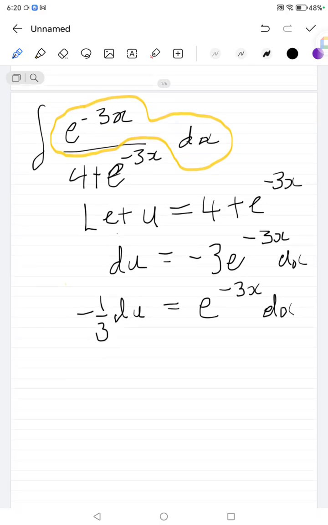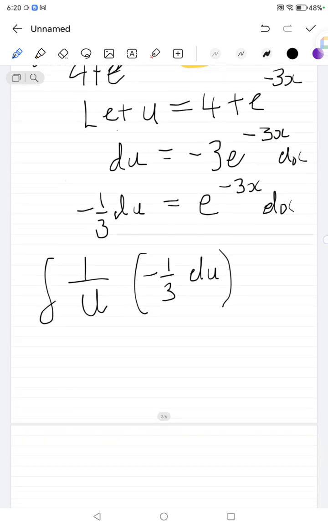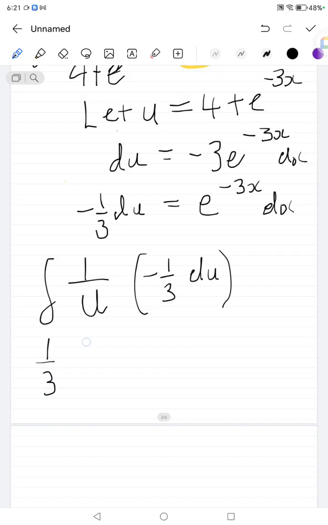It means now we're going to have 1 over u, remember this one, it's u, 1 over u times minus 1 over 3 du. Then you can see this minus 1 over 3 is going to be taken to the other side. Then you're left with 1 over u.